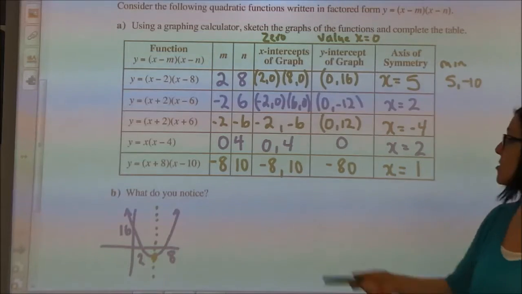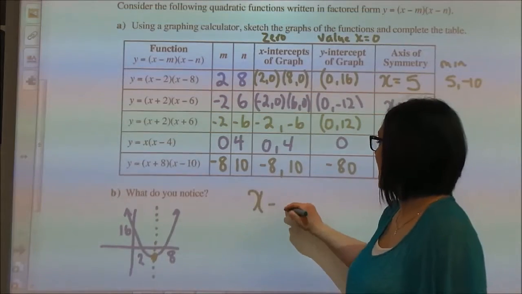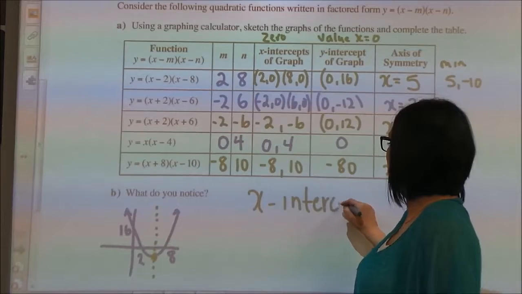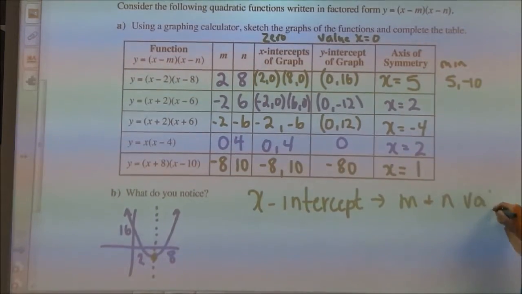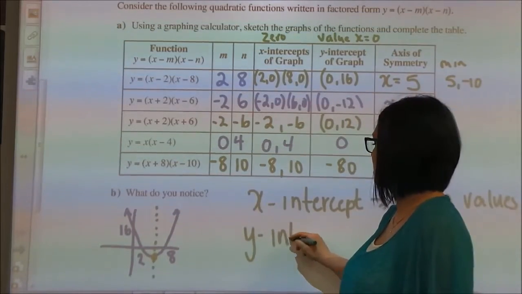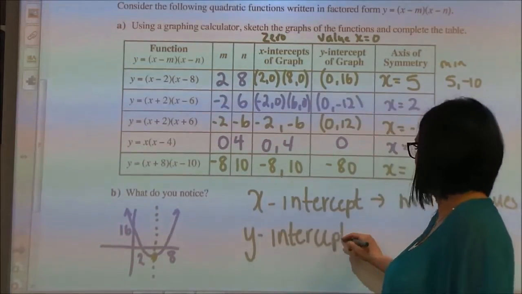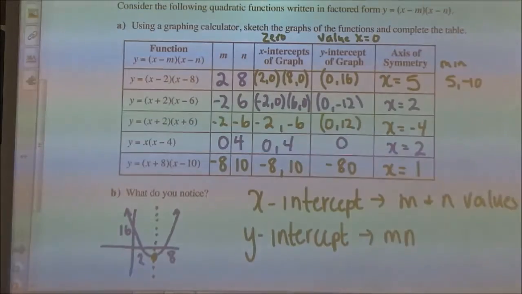Yes. Okay, so how do I find my x-intercepts? You use the m and the n. Okay, so the x-intercepts were the m and n values. What about the y-intercept? You multiply m and n together. And the axis of symmetry would be m plus n divided by 2.